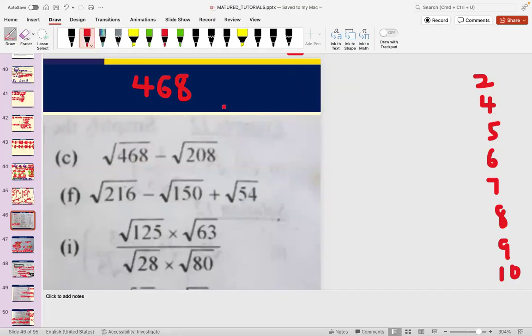Okay, fine. So when you divide this one by 2, what will you get? You get 234. Very good. And then you would also divide by another 2. If you divide by another 2, what will you get? 117.